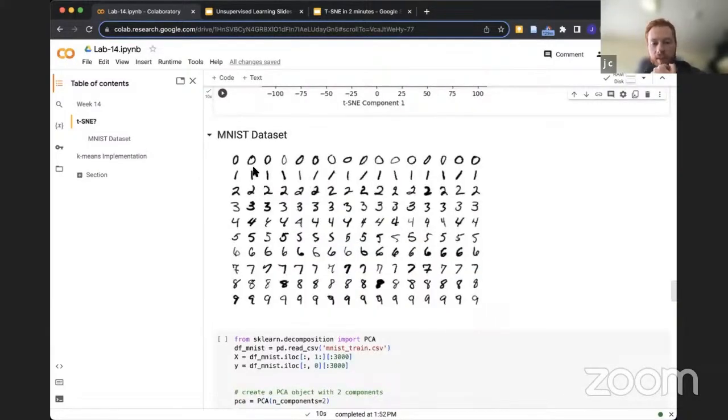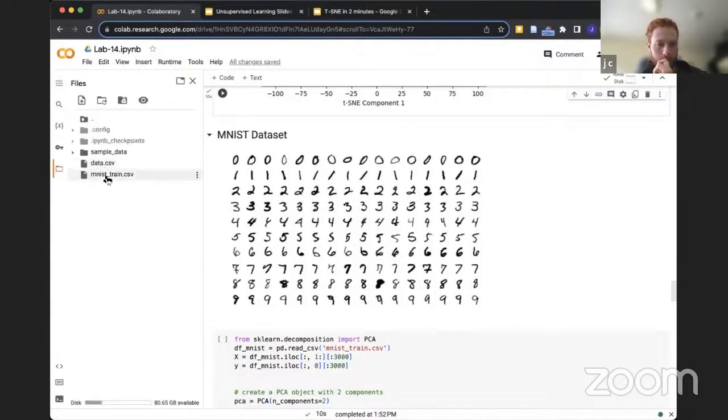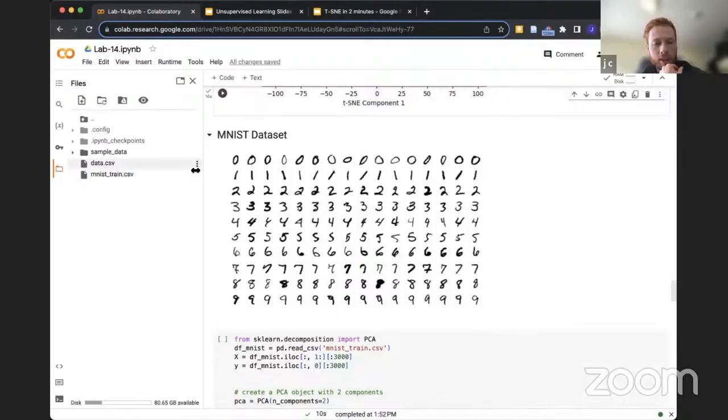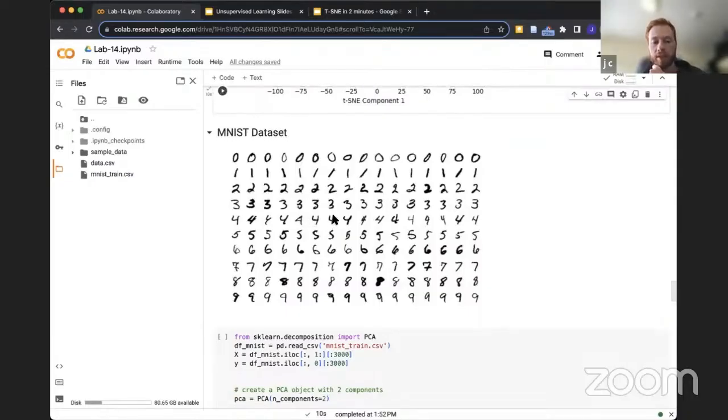The MNIST dataset is these handwritten numbers, where each dimension is essentially a pixel. Each number consists of about 700 pixels, so we have about 700 dimensions. And now we would like to visualize this data set.